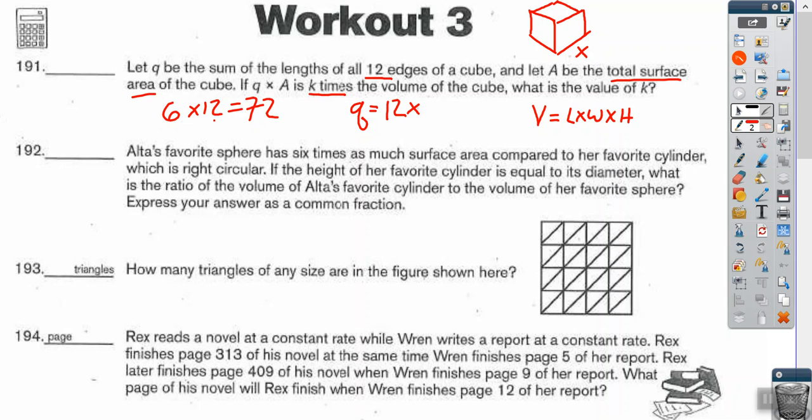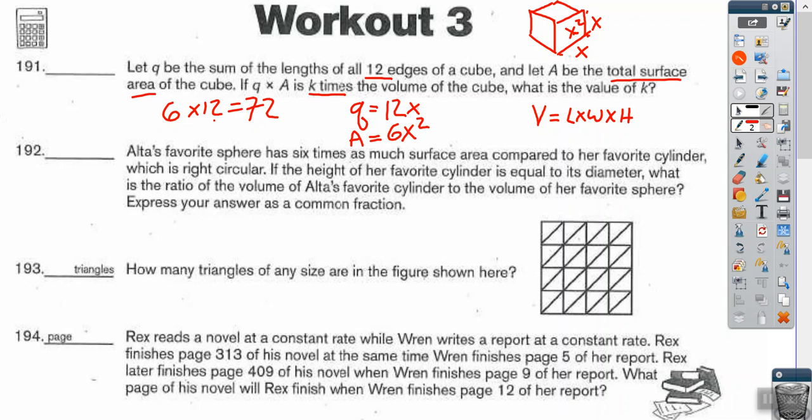So then, for the area, if this edge length here is X, what's this edge length? X. So this area right here is X squared. How many of them do I have? 6. I have 6X squared. All right, so are we doing okay so far? Yes.